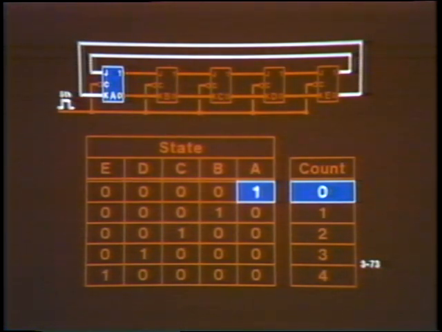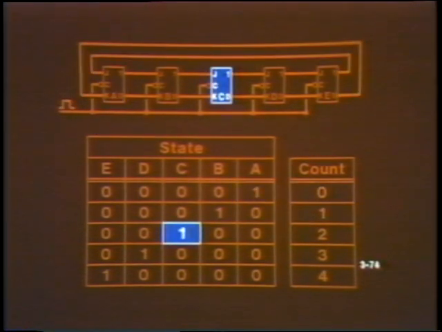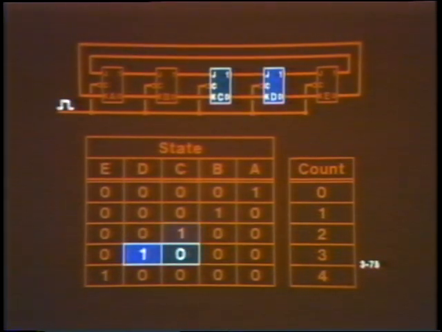At any given time, only one flip-flop in a ring counter will be in the set state. The flip-flop which is set causes its neighbor to set after the next clock pulse, while it returns to 0.